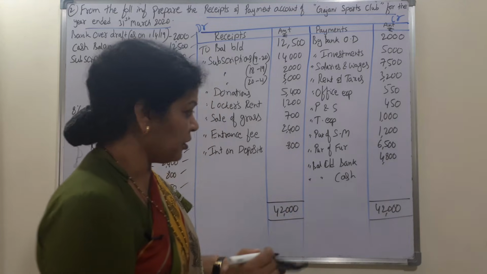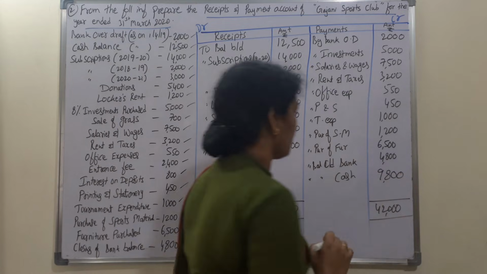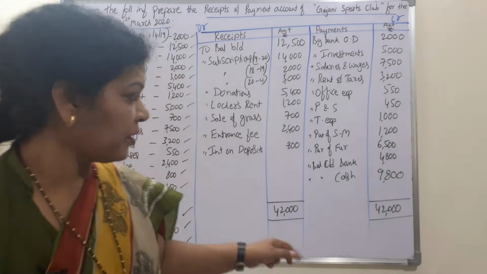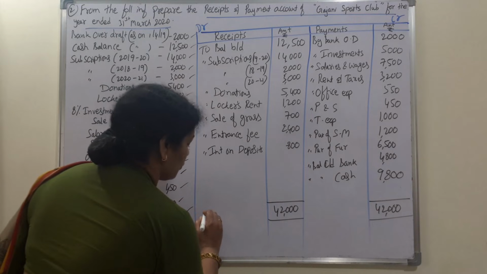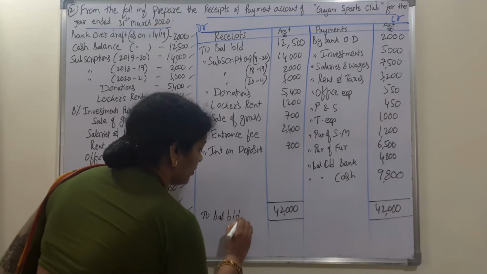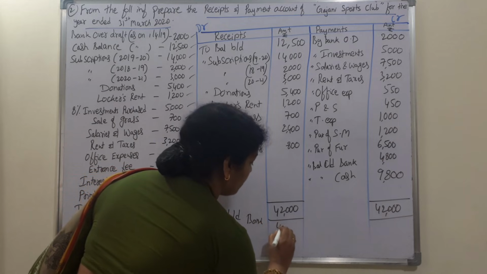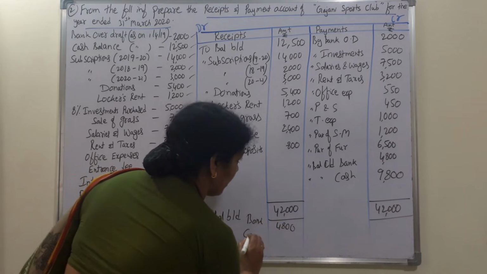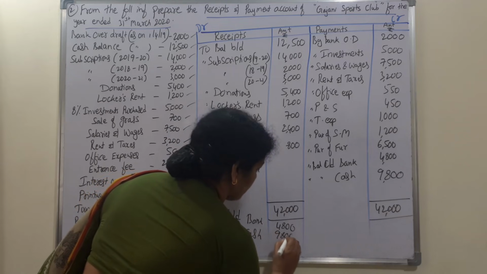It's 9,800 we are getting. So this is the balance at the end, and this will be transferred to the next side, to balance brought down. Bank balance 4,800 and cash is 9,800.